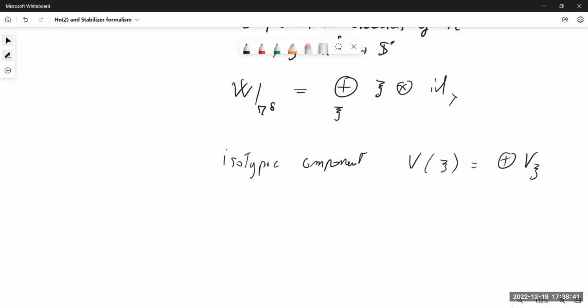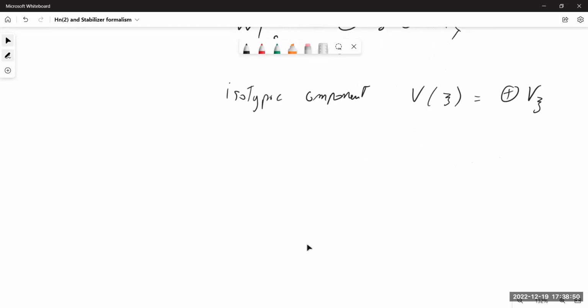Then you can take the projector onto this component, and this projector has some canonical form. We fix this M delta, and then we have psi, and you can prove that this projector is of this form.